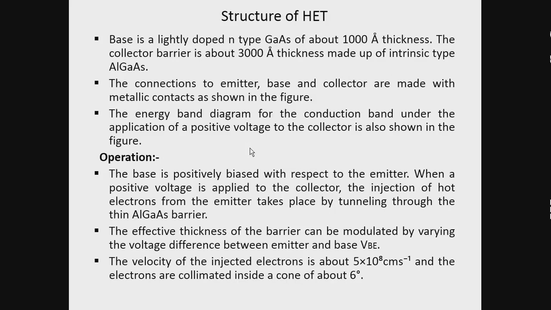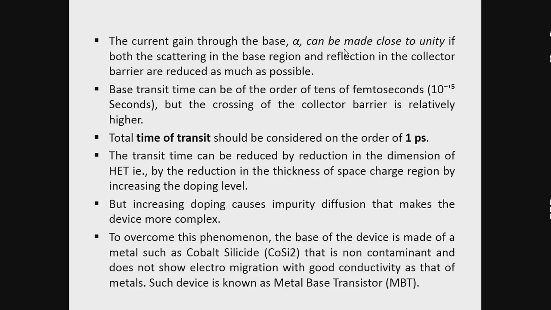The collector barrier is about 3000 angstrom units in thickness. So the thickness of the collector barrier is higher as compared to the emitter barrier, and it will take more time to transit electrons through that barrier.